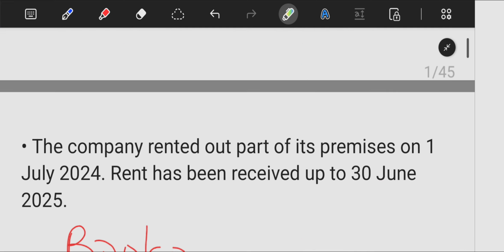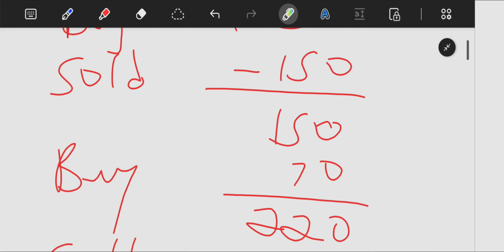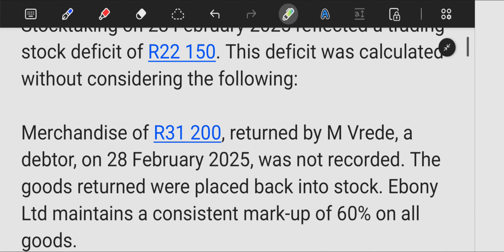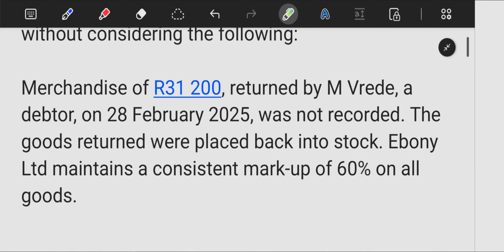Let's go back to our scenario now. Now you understand what stock deficit is. Now, there is a customer who returned this value of merchandise.